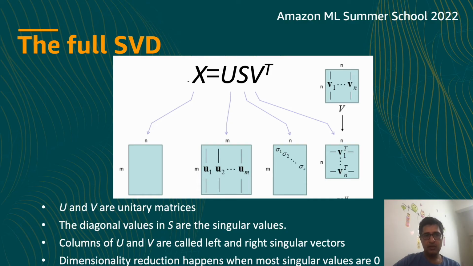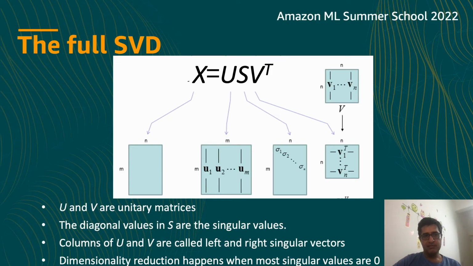And you express the matrix X as a matrix multiplication of the matrix U, which is an m cross m matrix, matrix S, which is an m cross n matrix, and then a matrix V transpose, which is an n cross n matrix. Okay.